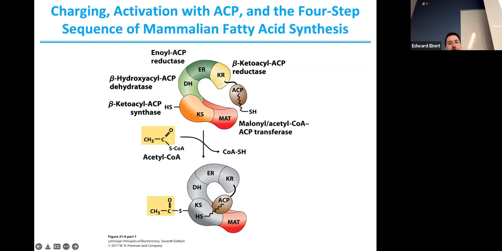You don't need to know beta keto acyl ACP, beta hydroxy acyl, those terms. I just want you to know that as we go through this process of adding a 2-carbon unit, we start with a condensation to add the 2-carbon unit, then a reduction, then a dehydration, and then a second reduction to make the alkane to get our growing chain. We do that several times until we get palmitate.